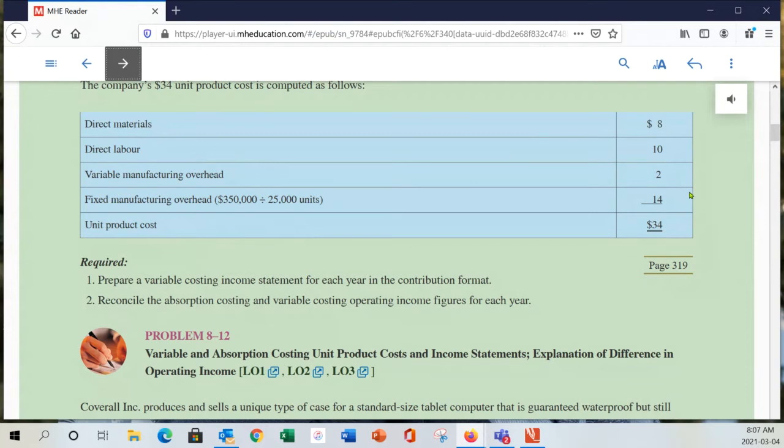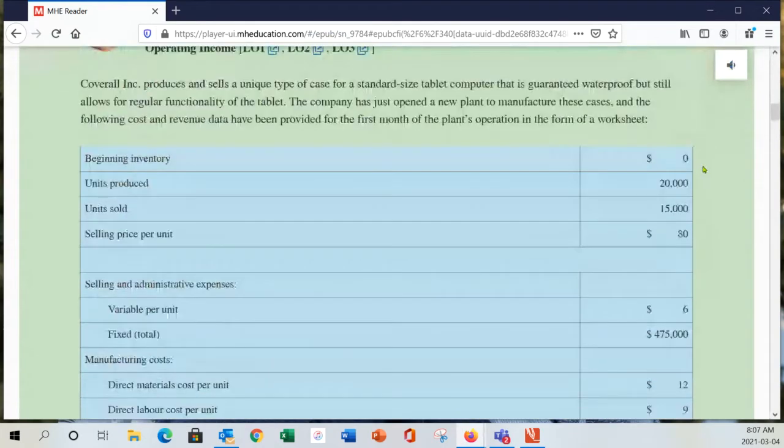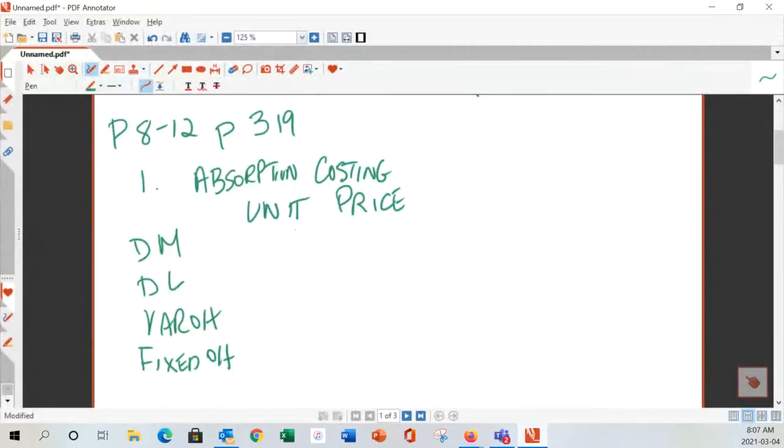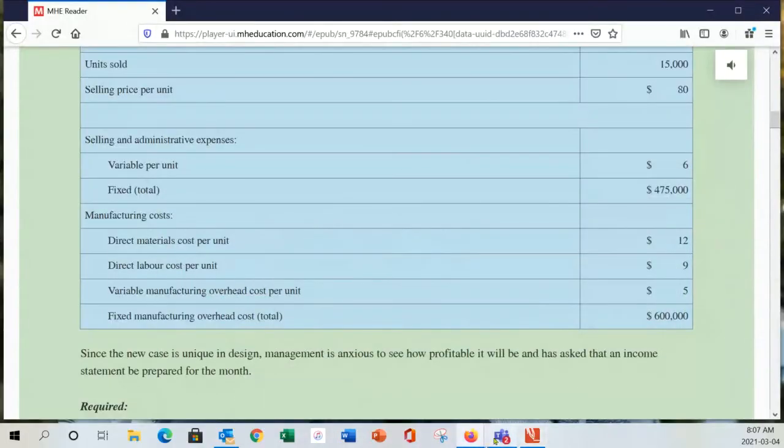They actually figured out the first ones for us, so that was nice of them. 12, 9, and 5 are the first three.